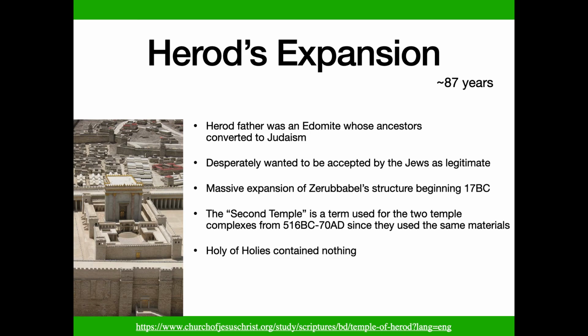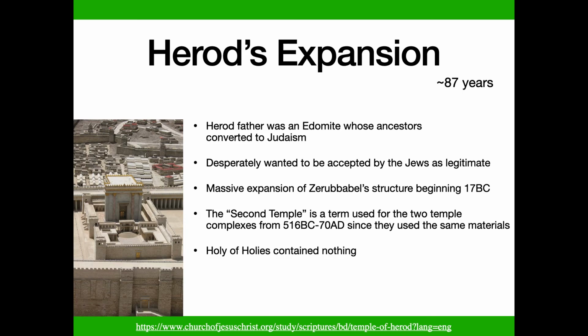Herod was the son of an Edomite. So it's not a tribe of Israel, but we have the Edomites, and his ancestors did convert to Judaism, but they're not Israelites. He was appointed and everything with the Romans. So we're moving on from the Greek Hellenization to the Roman period.